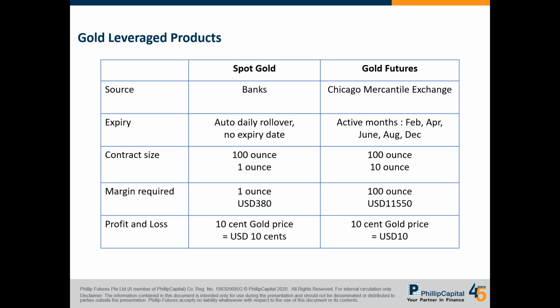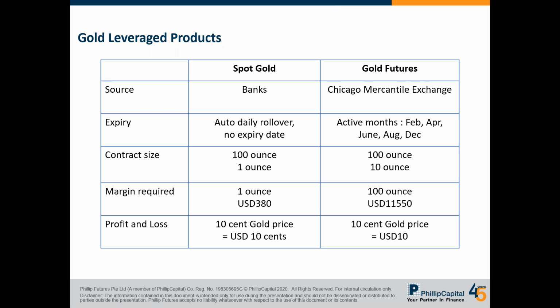This is important because it will determine your margins. The margin required for 1 ounce of spot gold is USD $380, as compared to gold futures, 100 ounces, where you need about USD $11,550. These are the margins required for the smallest value.